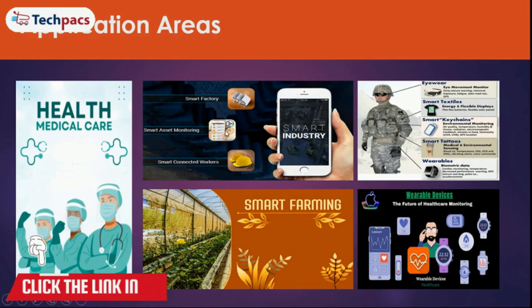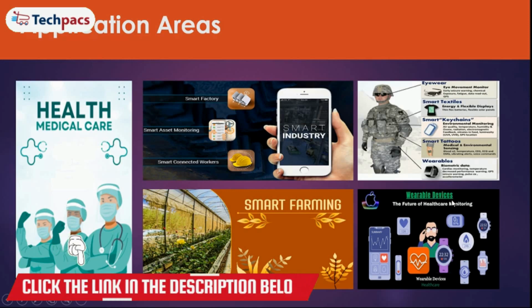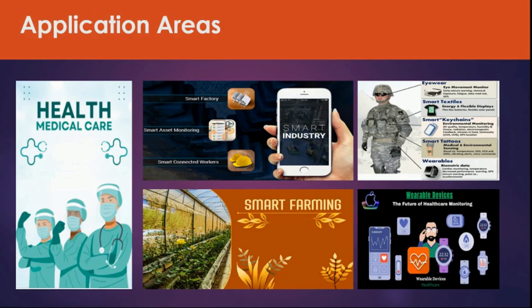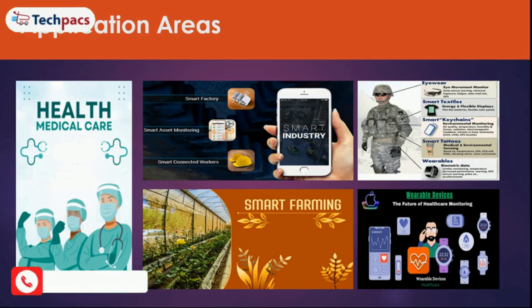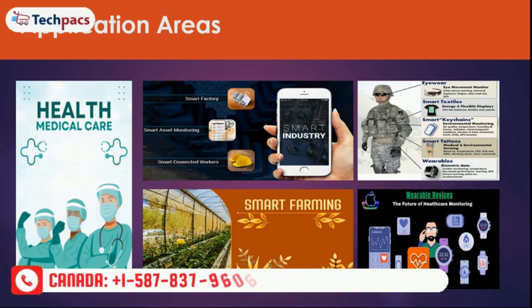I have taken application related images over here, so you can see the wearable devices we currently use these days, like smart watches, phones, and IoT devices. All these are examples of sensor network based applications.